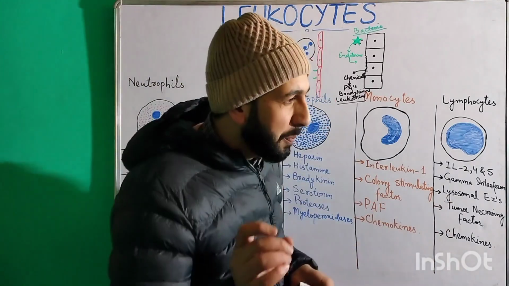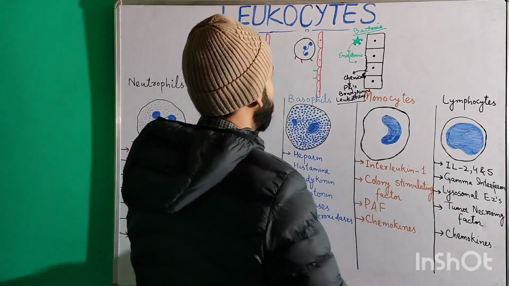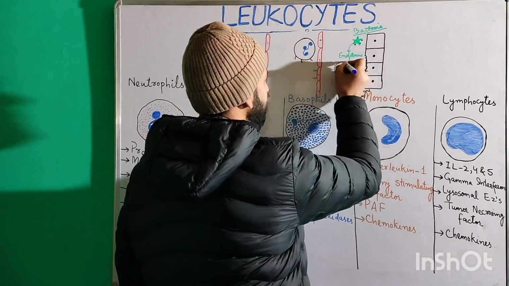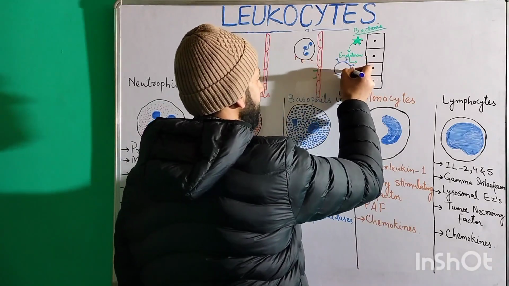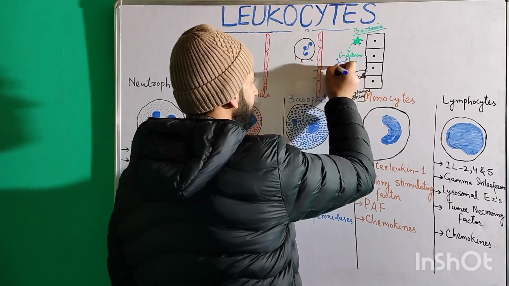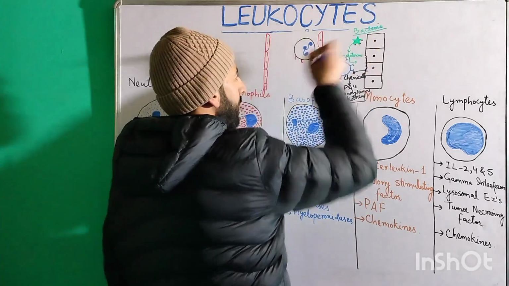That particular cell is called a mast cell. Now, that mast cell has receptors present on its cell membrane, and these receptors are activated by these endotoxins which are secreted by this bacteria.